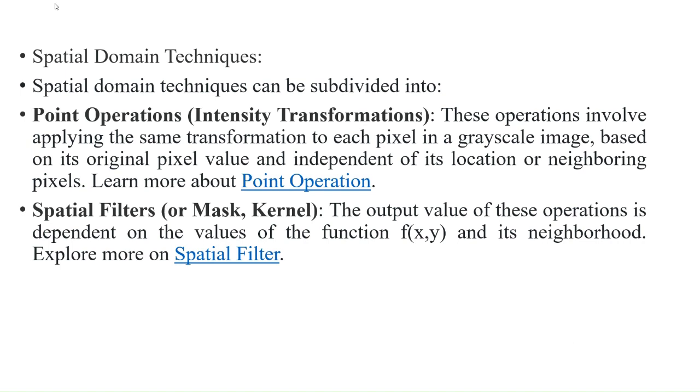Point operation means we are applying pixel values to that image, and compared to the old image, in the output we are getting a clearer image, a brightened image, and a colorful image. Basically, image processing means comparing to the input, in the output we are getting a clarity image, colorful image, brightened image, etc. We are taking a dull image as input.